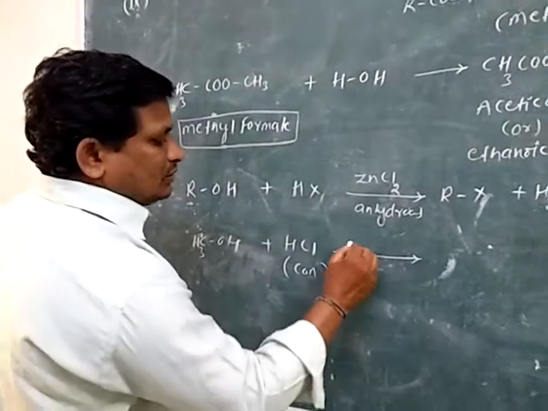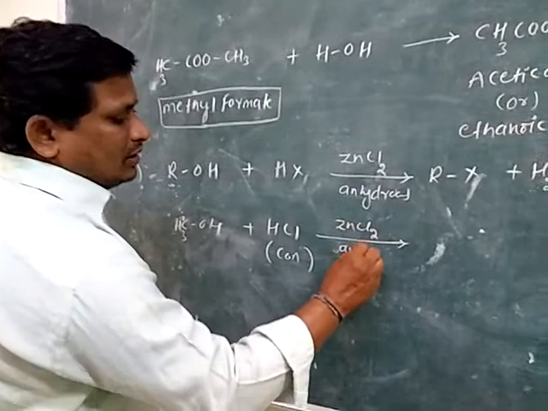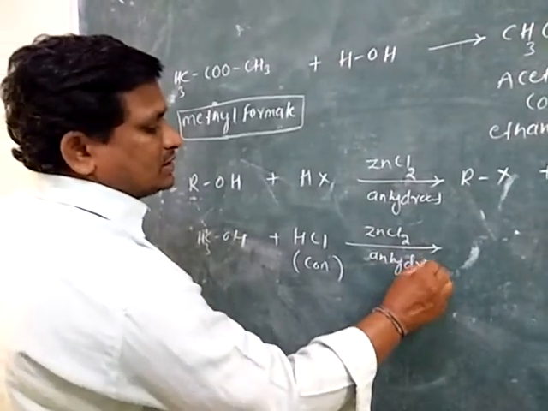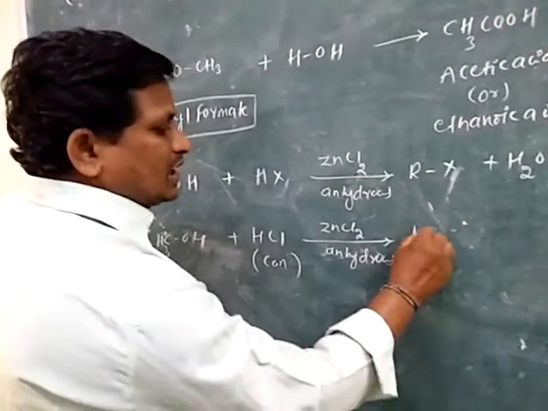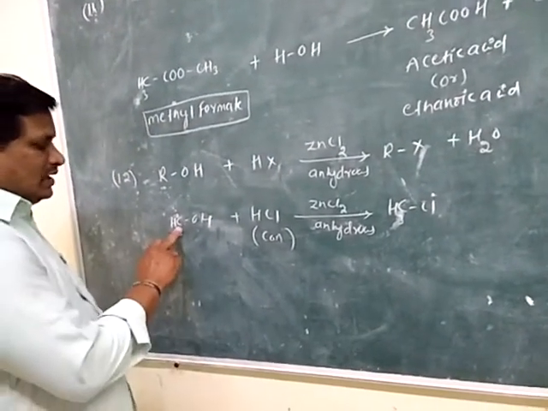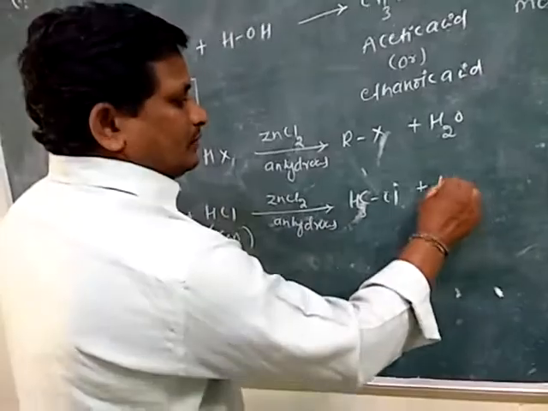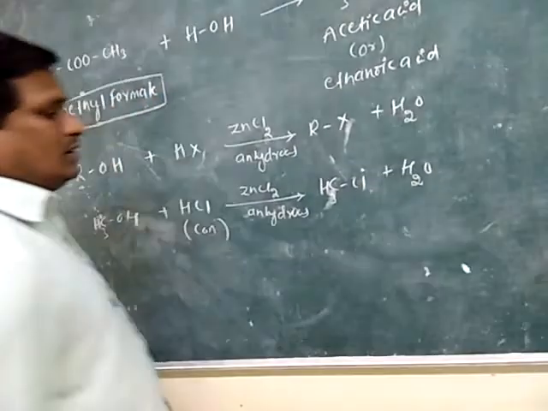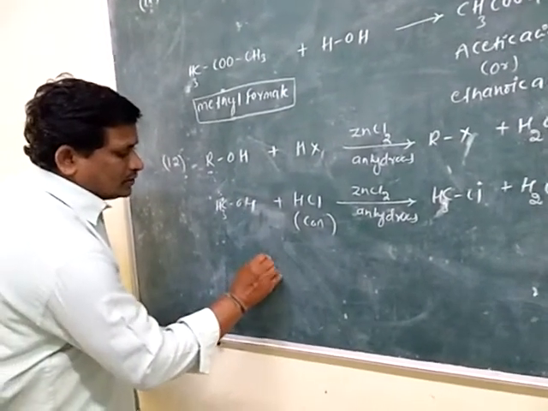The reaction proceeds in the presence of anhydrous zinc chloride. Then it gives methyl chloride, CH3Cl, an alkyl halide, and water.